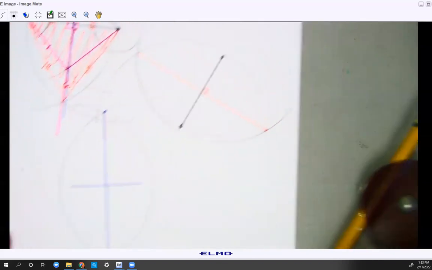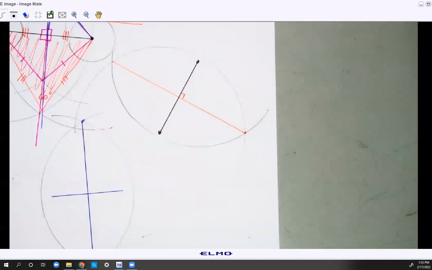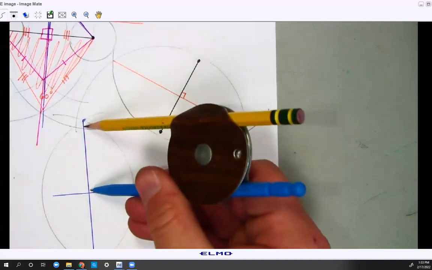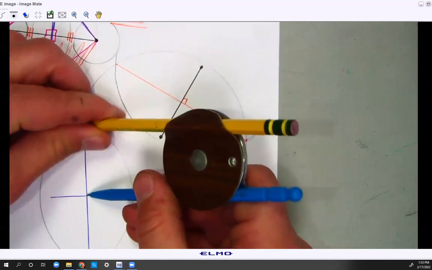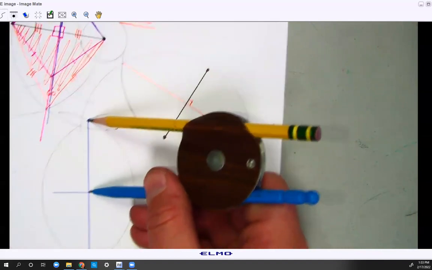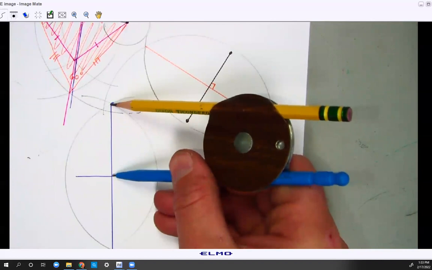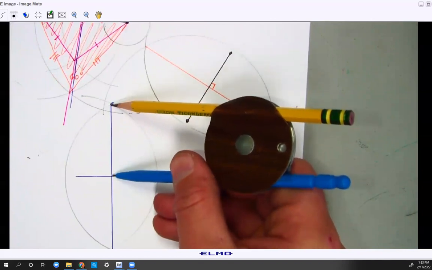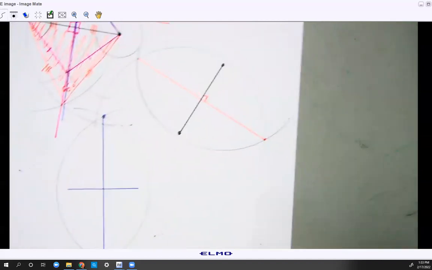The other skill that sometimes is an important skill is copying a line segment. So if you want to copy this length right here, you simply open up your compass to this length like that. And then you can copy it wherever you want.